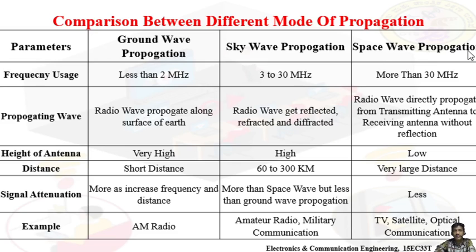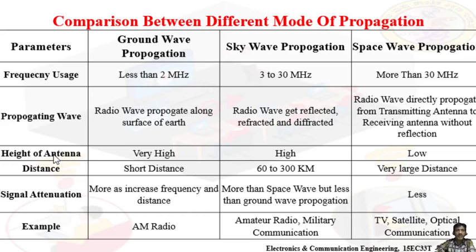But in space wave, it propagates directly from transmitting antenna to receiving antenna without reflection. Reflection can happen in sky wave, but reflection cannot happen in space wave. But here it is possible to have both direct wave and reflected wave.